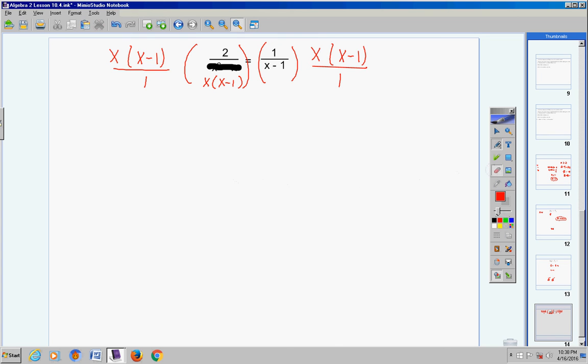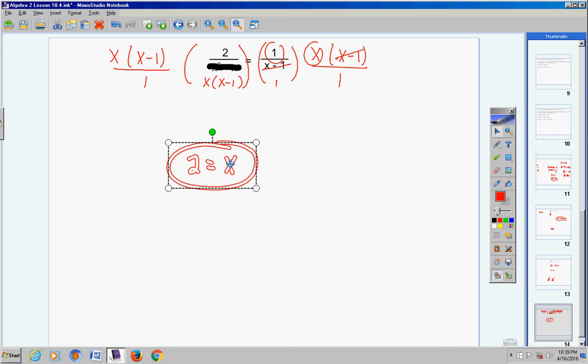Multiply this fraction times this fraction. Everything cancels, leaving you with a 1 here and a 1 here. 1 times 2 is 2. So I'm going to bring down a 2. 2 equals, now we're going to multiply this fraction times this fraction. x minus 1 cancels with x minus 1. Leaves you with a 1 here. Up here you have a 1 and an x. 1 times x is x. Look at that, nothing to do. x equals 2. We're finished.